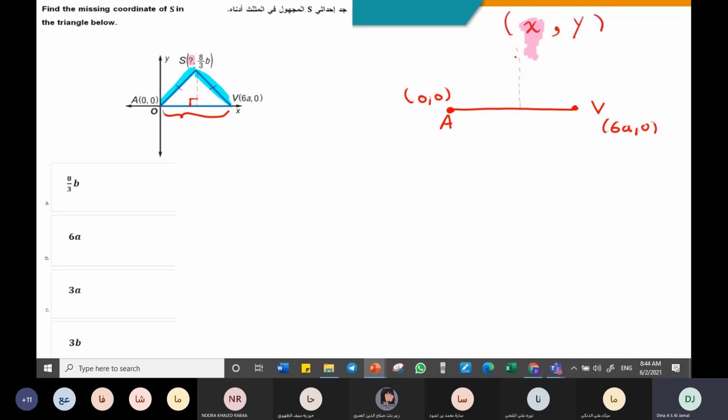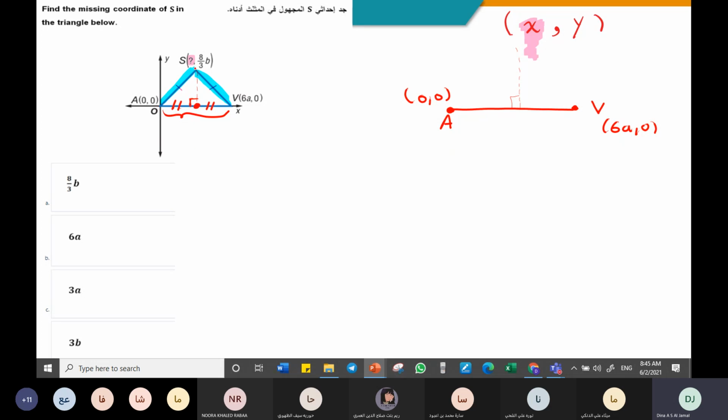I got another segment that is perpendicular to it. This drawing is not very accurate, but it is a sketch. So you have a segment with a point that will be cutting AV into two equal pieces.